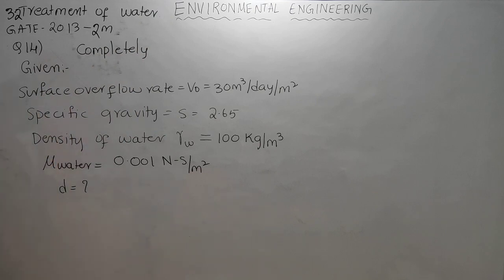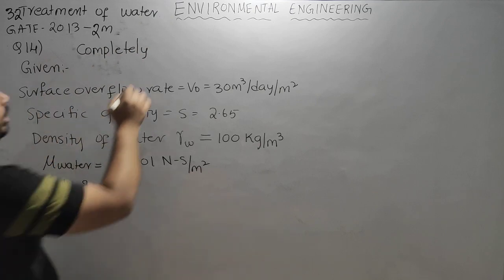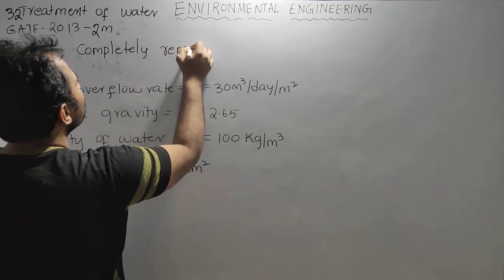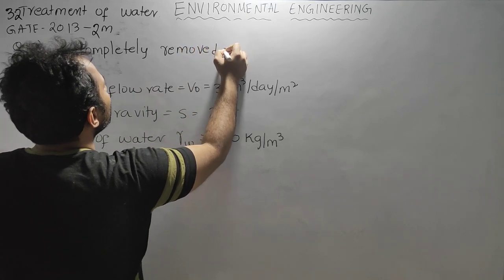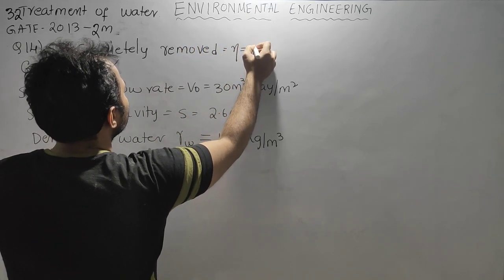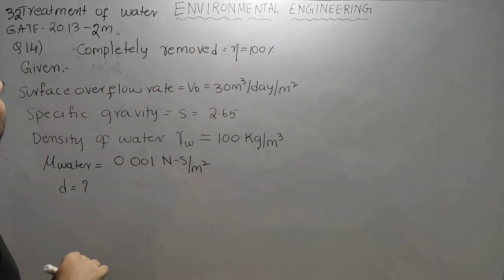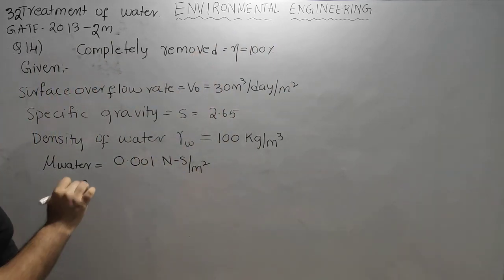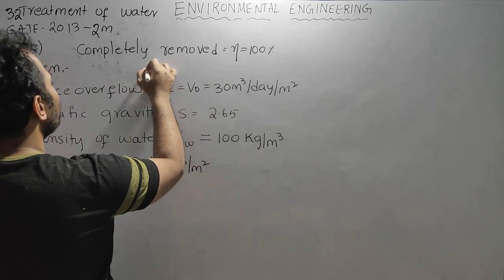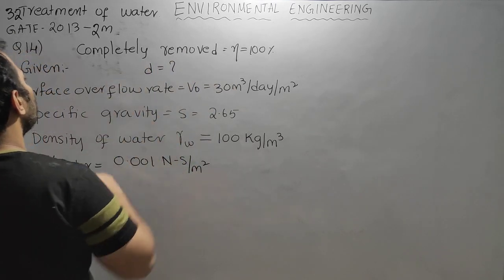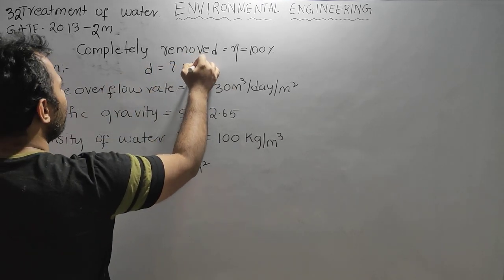Completely removed means efficiency is 100%. So for this efficiency, what is the diameter of the particle in mm?